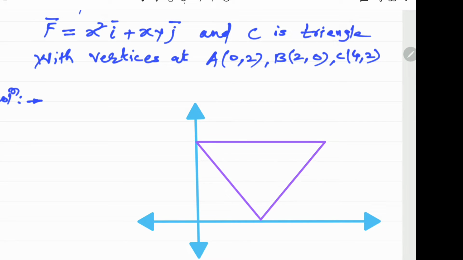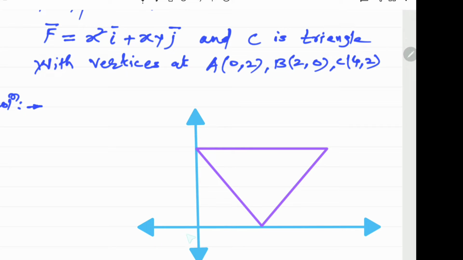Point A with coordinates (0, 2) is on the y axis, point B (2, 0) is on the x axis, and point C has coordinates (4, 2). I have shown it in the figure.